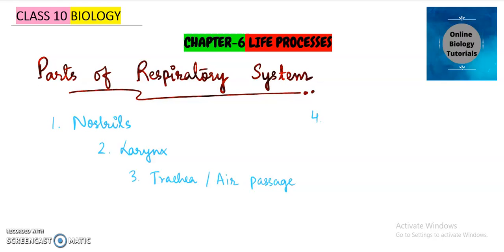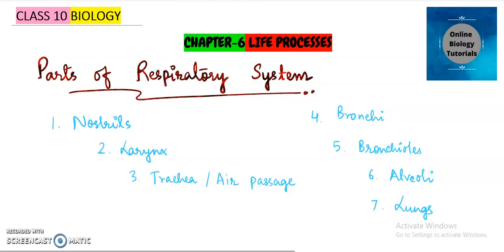Then comes the bronchi, bronchioles. Then comes the alveoli and the lungs. These are all the parts of the respiratory system in our body.